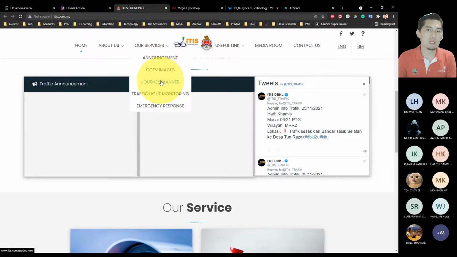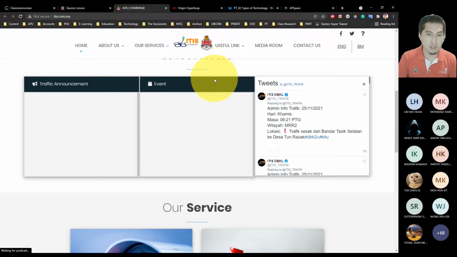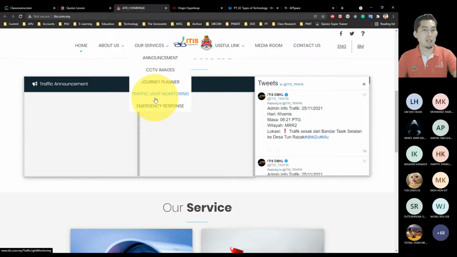They are trying to come up with a solution that allows you to clearly plan your journey so that you can avoid, especially during holidays and festive seasons, the traffic conditions here in KL, which can be quite bad. Traffic light monitoring as well. A lot of the smart traffic light efforts were by this particular unit in KL. And of course, more importantly, emergency responses. Much more effective and essential emergency responses.